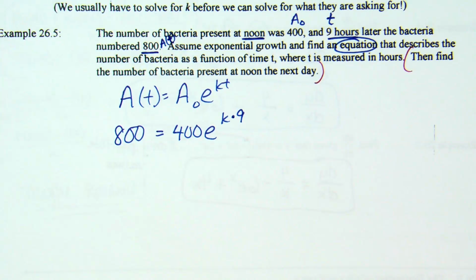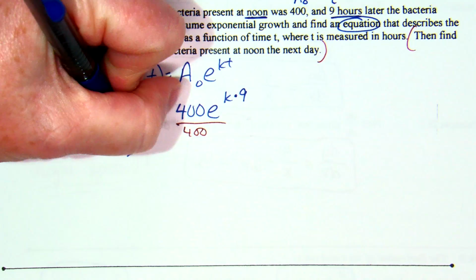So we divide both sides by 400. 800 divided by 400 is 2, equals e to the 9k. The whole point of getting e to some power by itself is that now we need that k out of the exponent to begin to solve for this.